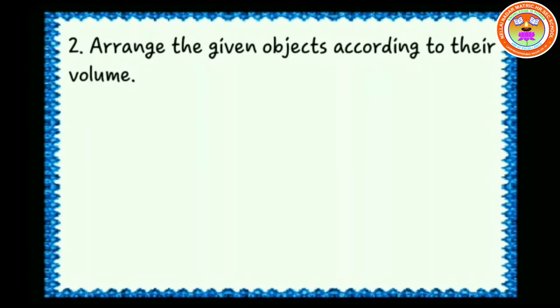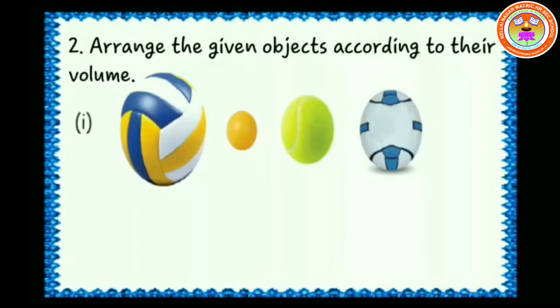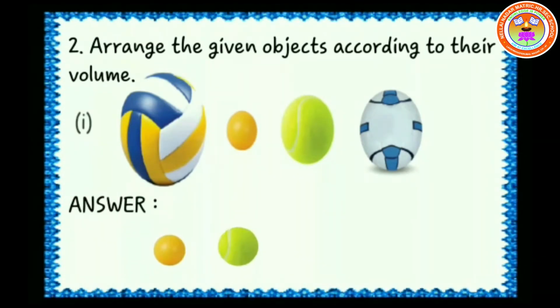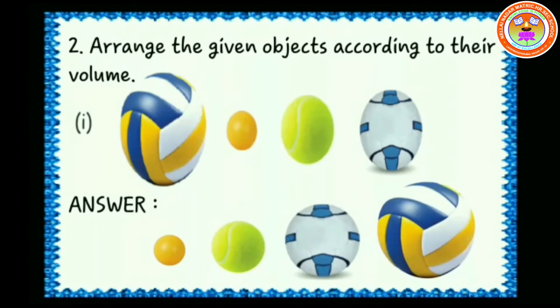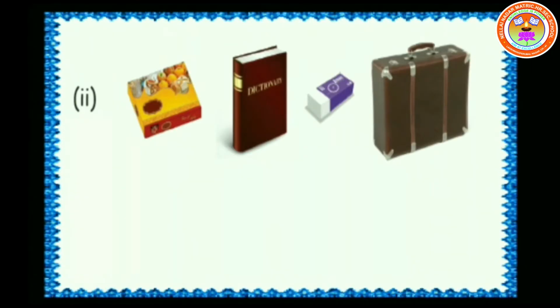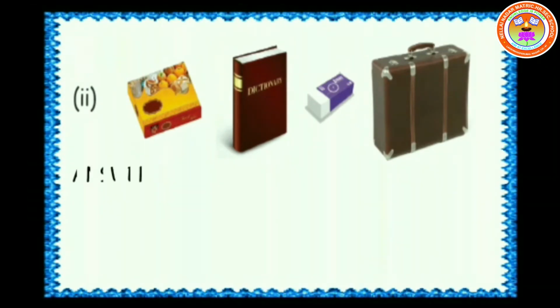Let's arrange the given objects according to the volume. Children, we are going to arrange these balls in ascending order. Answer. In the second one, here, which object has less volume? Yes, eraser.